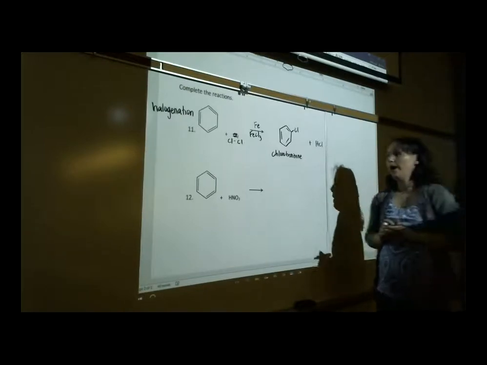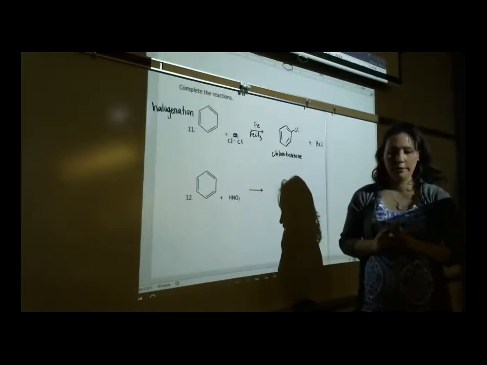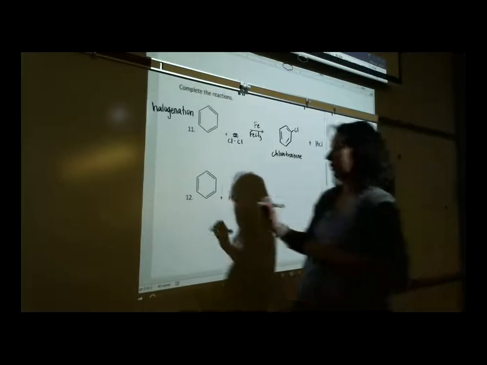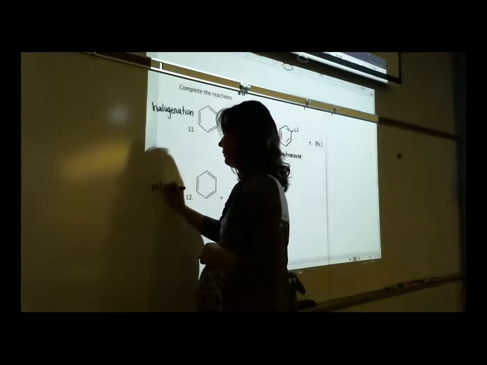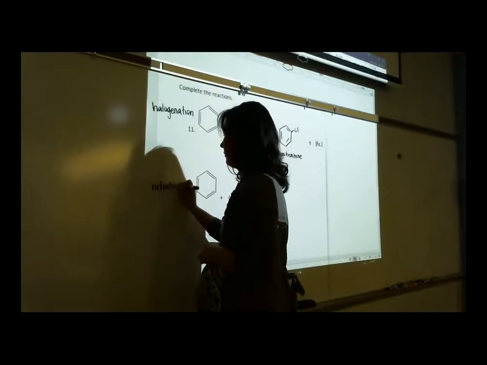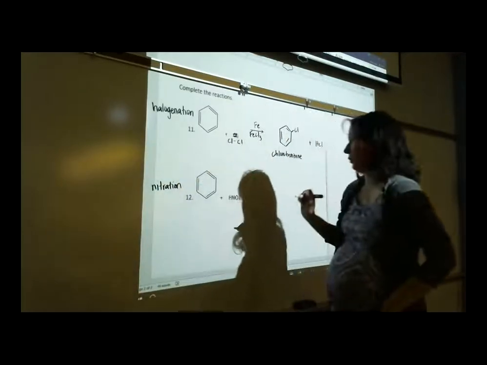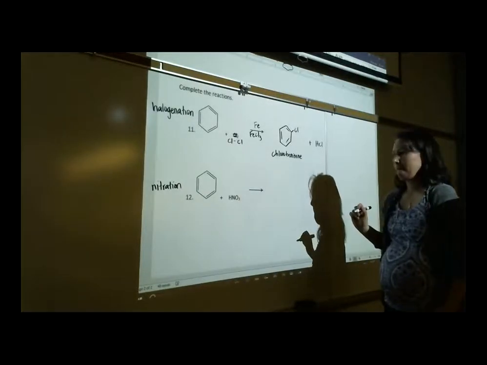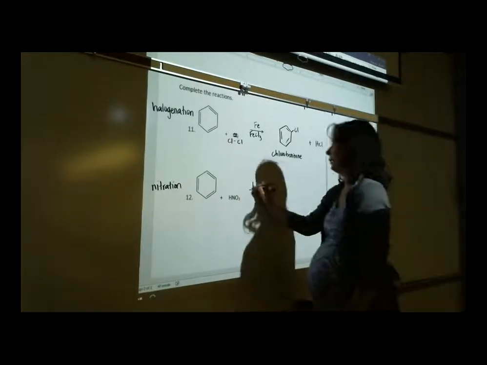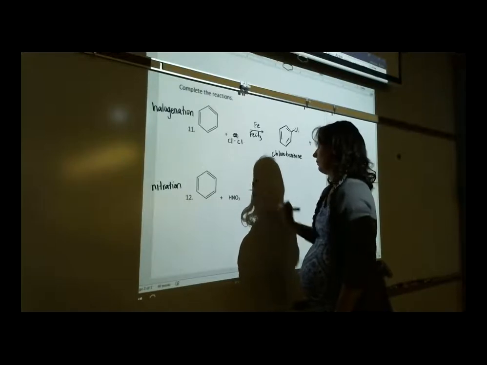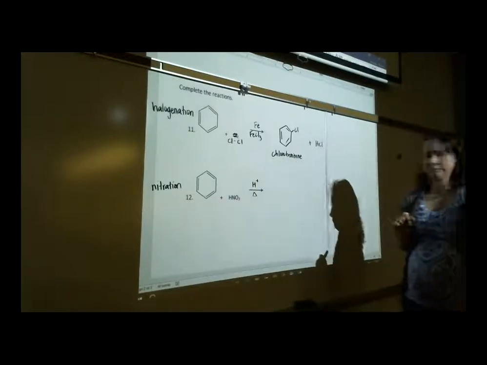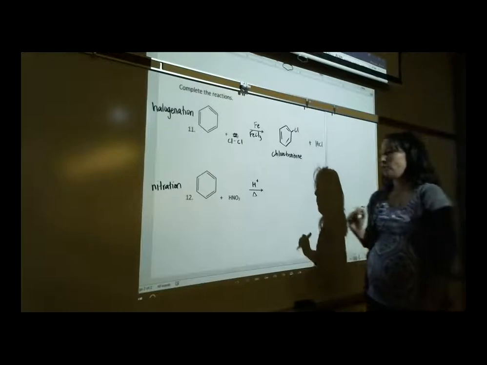Okay, what type is number 12? That's nitration. What catalyst do we need? H plus, right? We need a strong catalyst, a strong acid. And so what are we going to get?